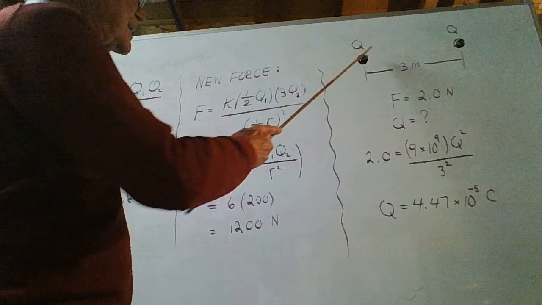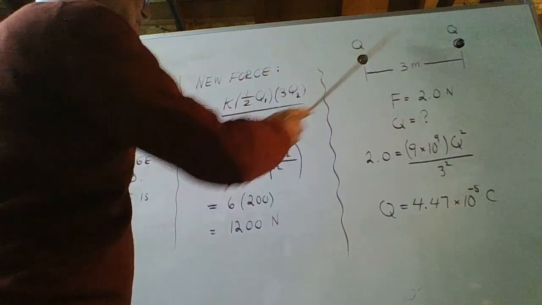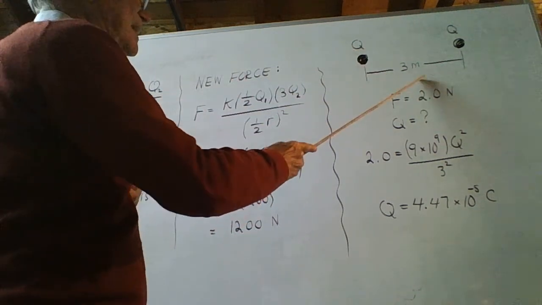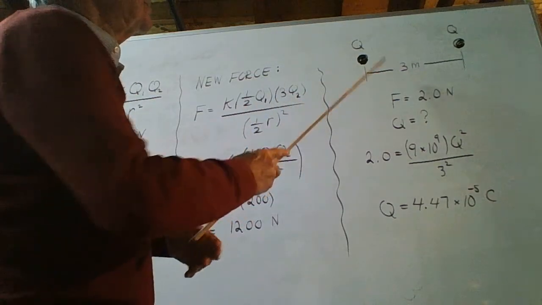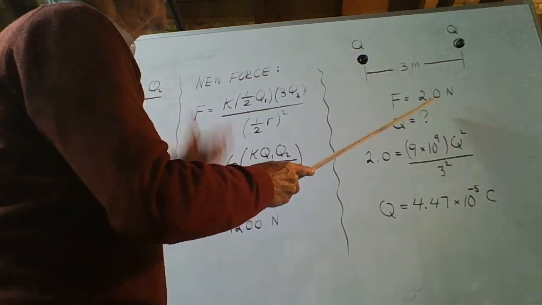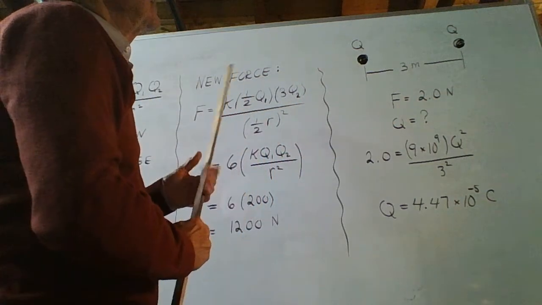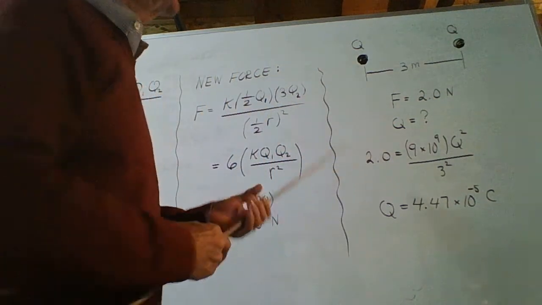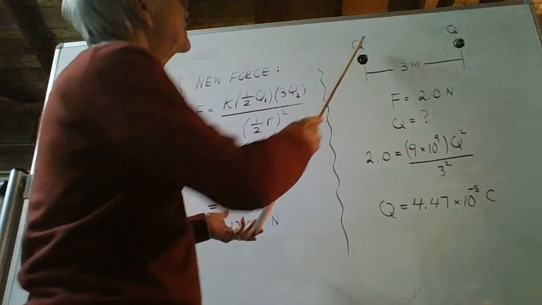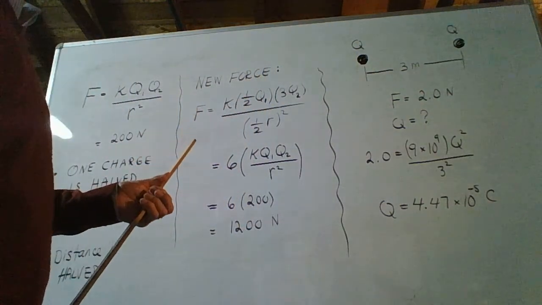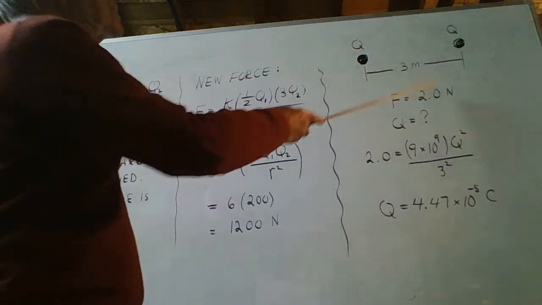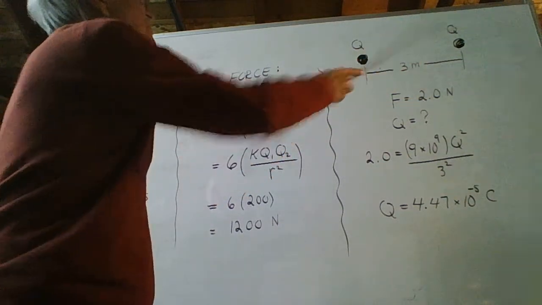We have two equal charges symbolized by Q and Q, separated by just 3 meters. And we're told that the force that they each exert on each other is 2 newtons. Magnitude of the force, maybe it's an attractive force. Well, if they're both the same charge signs, then it's a repulsive force. So there's a repulsive force of 2 newtons that one exerts on the other and the other on the one.